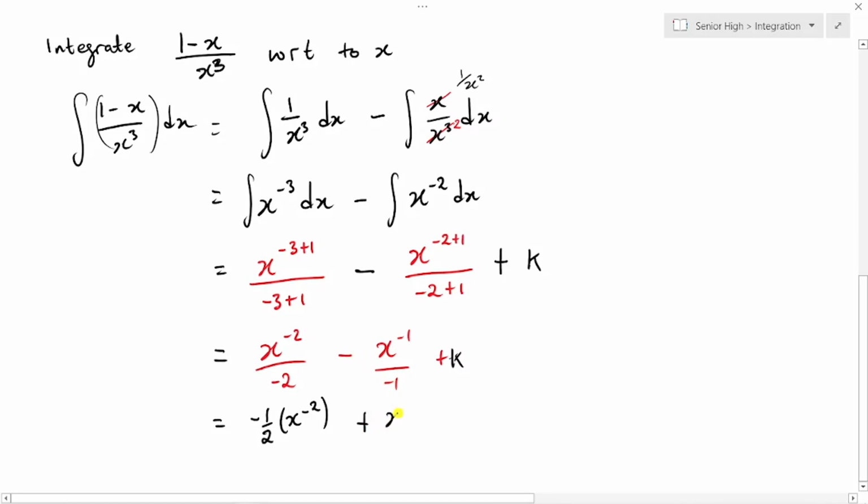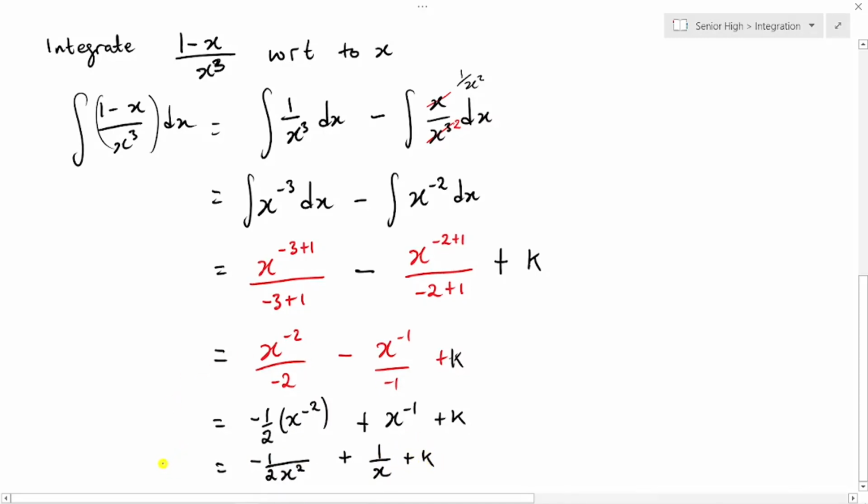So here's plus x raised to the power of minus 1 plus k. And I can just round this off by putting this back in its normal form, taking it away from the initial form, and it becomes minus 1 over 2x squared, plus, here becomes also 1 over x, and then plus k, and we are done.